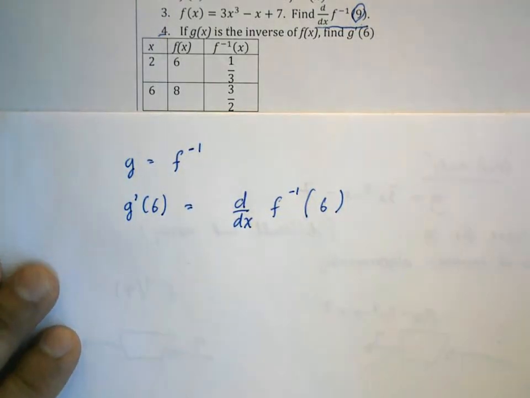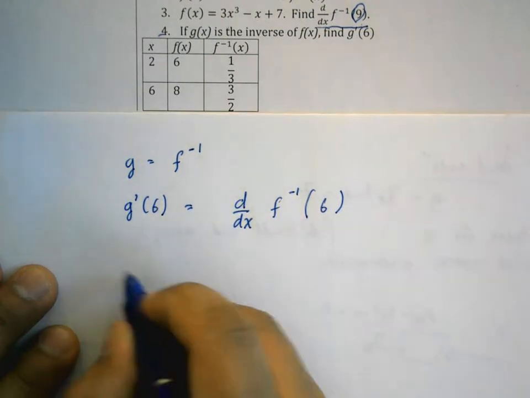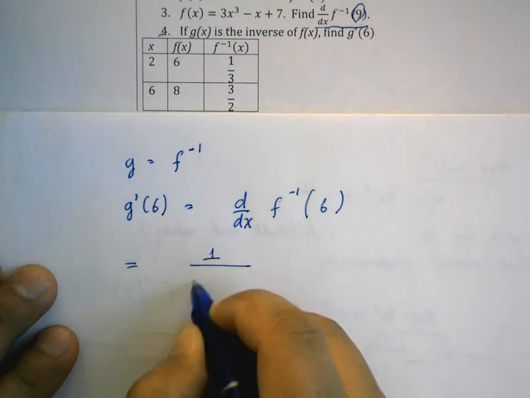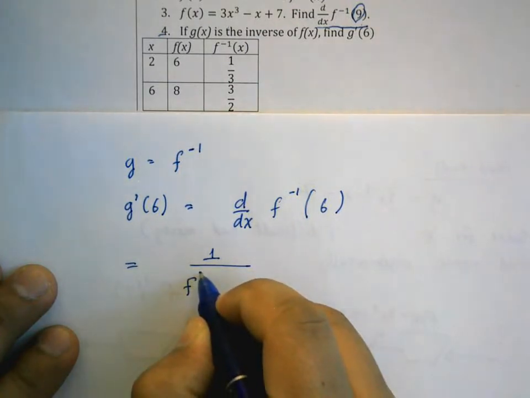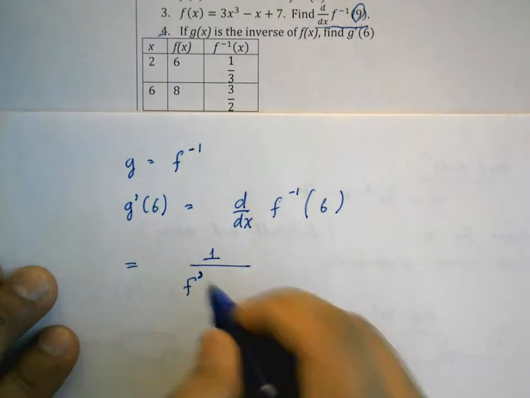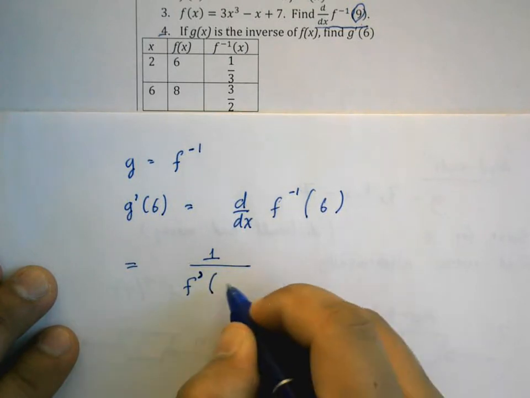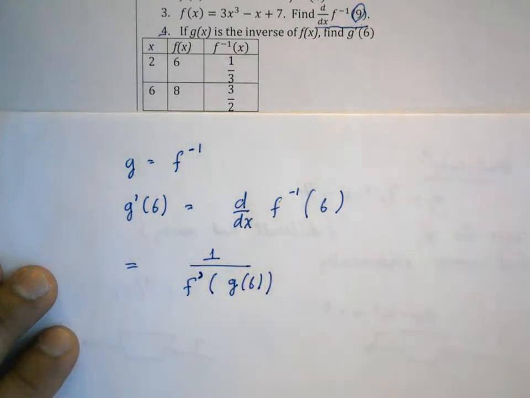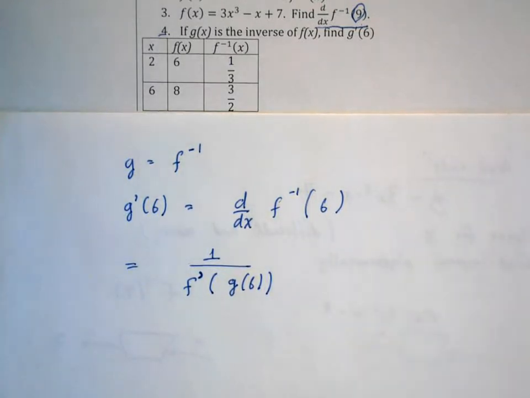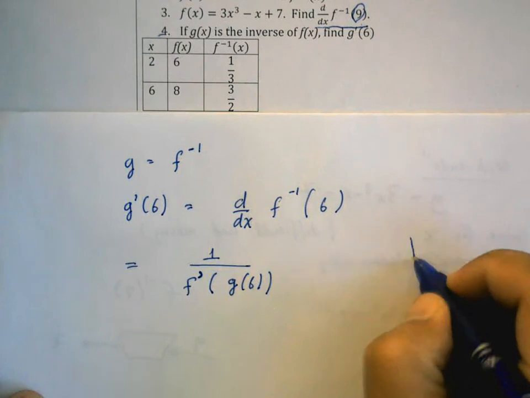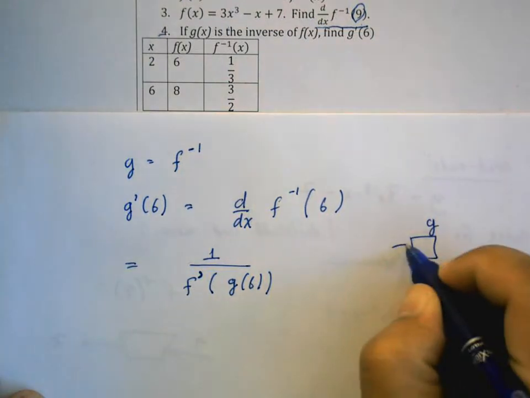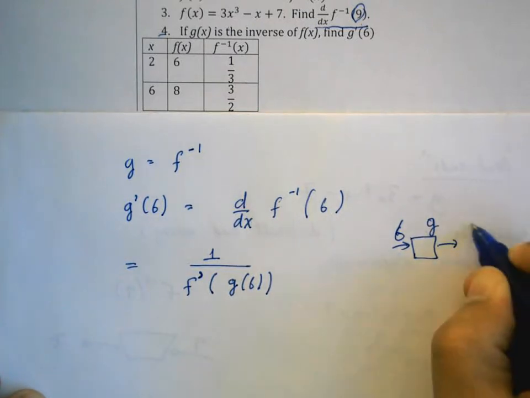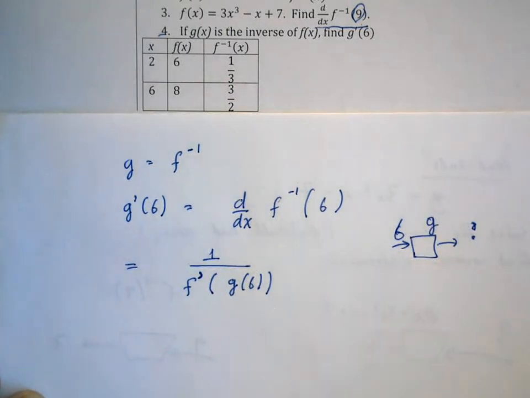So now we just apply what we learned before, that the derivative of the inverse function is equal to 1 over the derivative of the original function, so F prime, of G of 6. In other words, if we pass 6 into G, what would we get out of here?